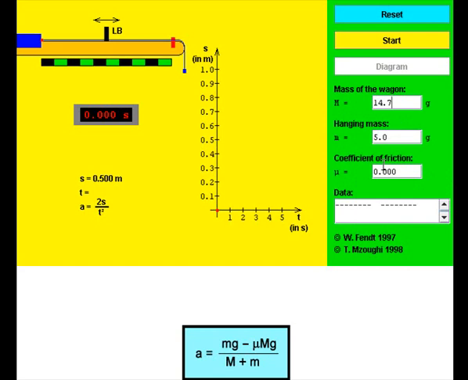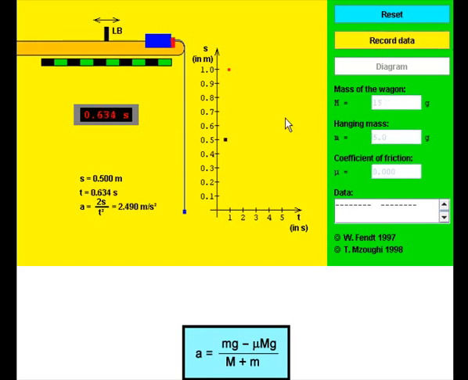And then, of course, you could then predict what the total acceleration is going to be. And we could give you a little bit of time to do that, and then we could say, okay, run, start, see what happens. And of course, with these particular settings, it would be 2.49 meters per second squared. And we could change all of these parameters to whatever we want. We could even add friction as another force.